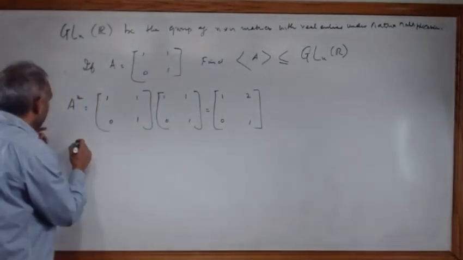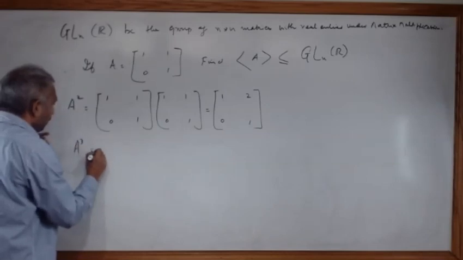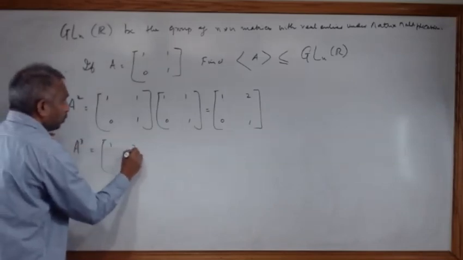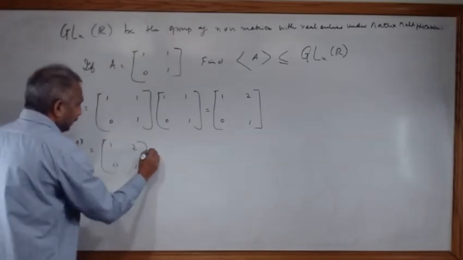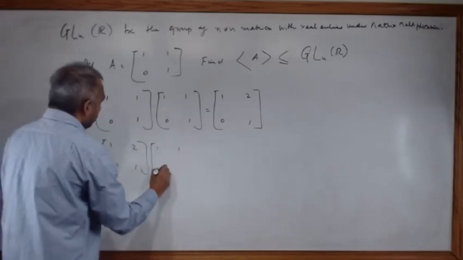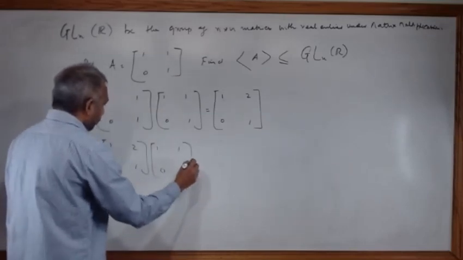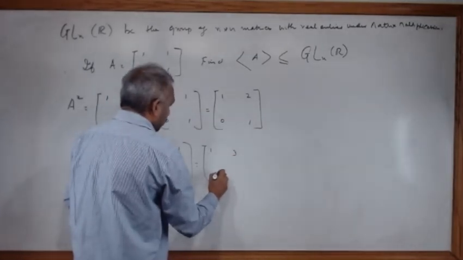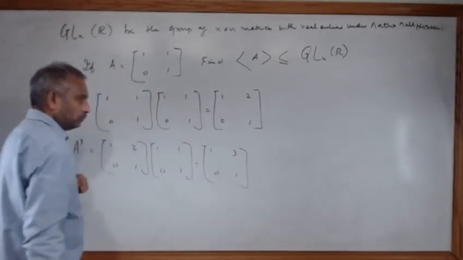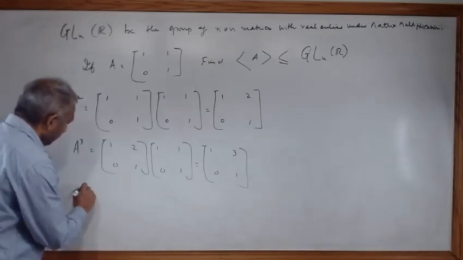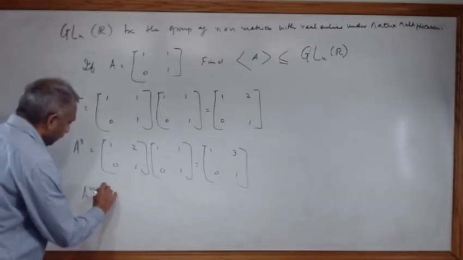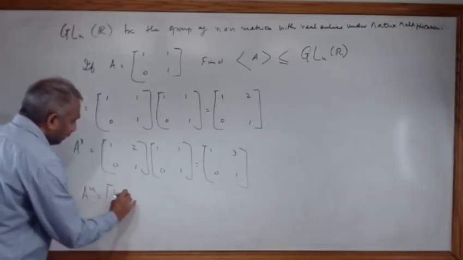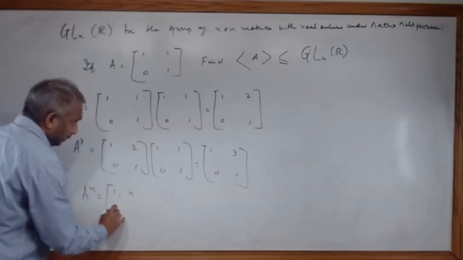If you find A cube, that is actually going to be 1, 2, 0, 1 times 1, 1, 0, 1, and that is going to be 1, 3, 0, 1. So A to the n is going to be 1, n, 0, 1.